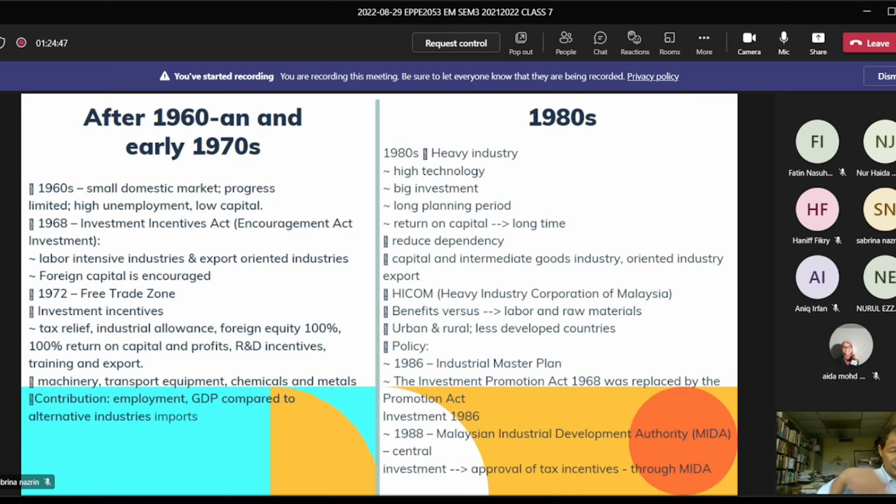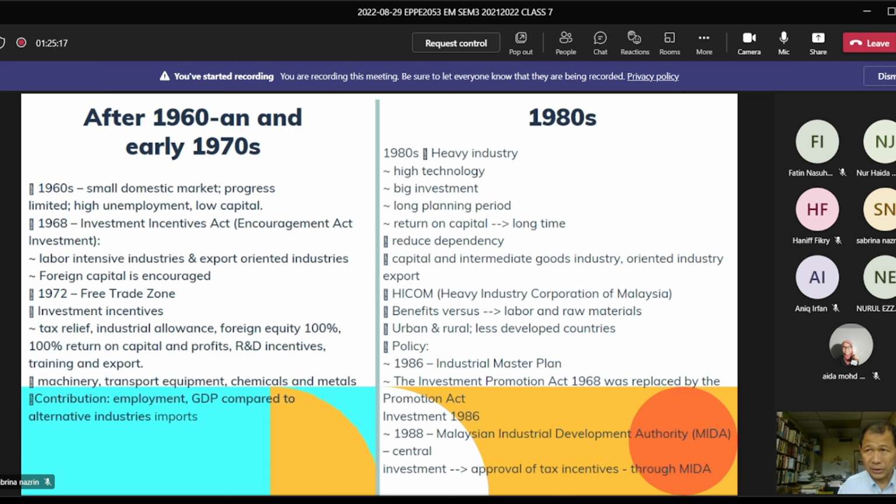The other person that I showed when I shared: Dr. Mahathir became Prime Minister in 1981. 1983, the prototype of Proton Saga came out.